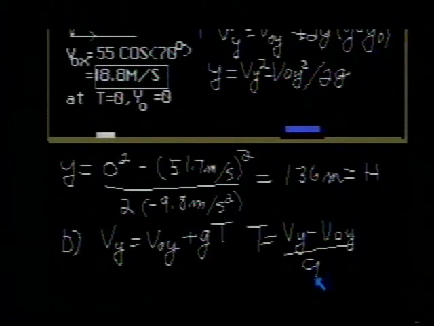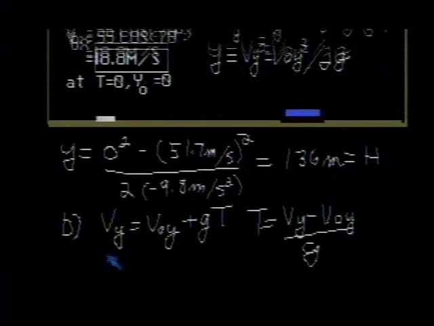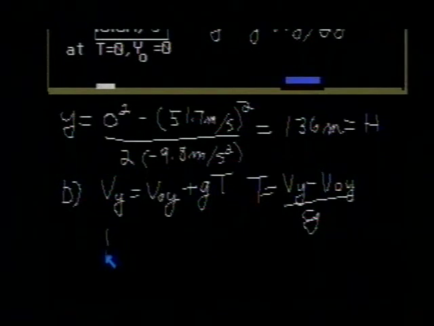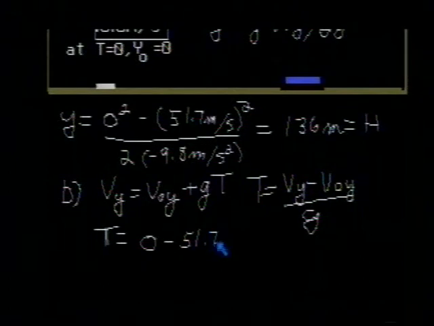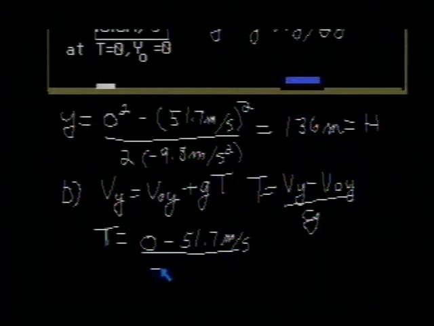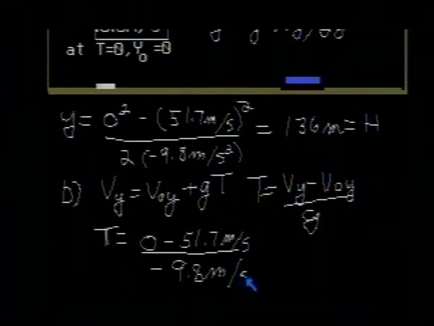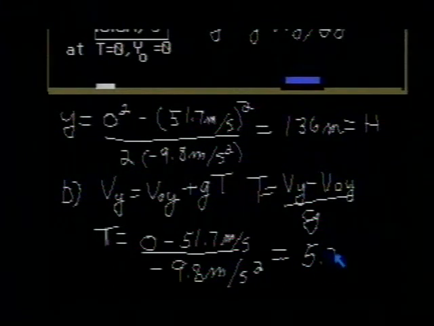And plugging in our values, t is equal to 0 minus 51.7 meters per second divided by minus 9.8 meters per second squared. If you run this through your calculator, you should get a value of 5.28 seconds for that time.